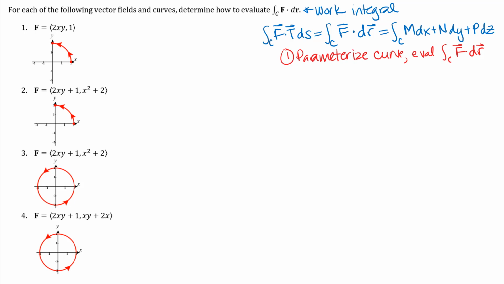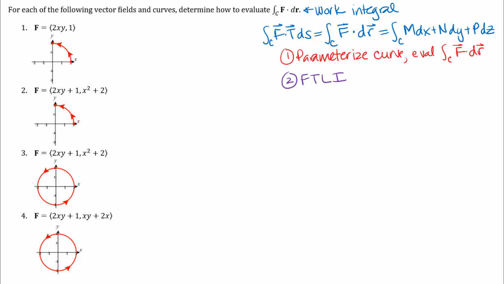But since then, we've learned a couple of other important theorems that are sometimes useful in evaluating work integrals. The first theorem we learned about work integrals was the fundamental theorem of line integrals. If it applies, then you have a path-independent work integral.